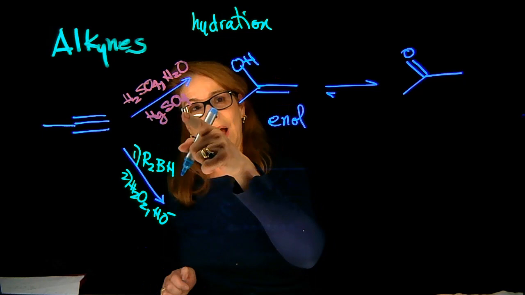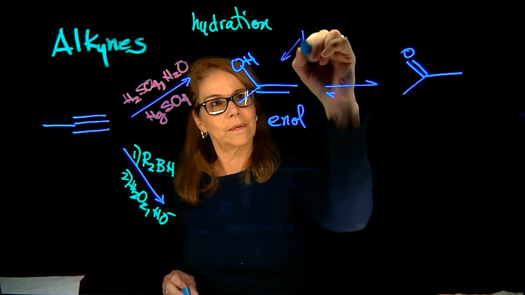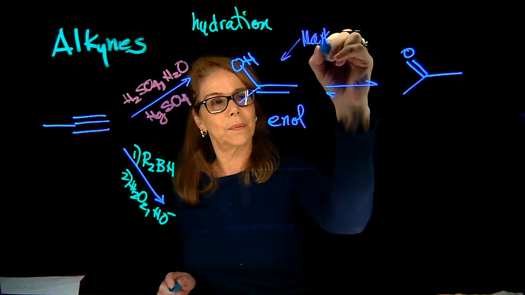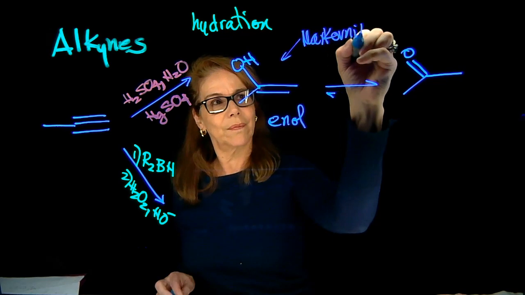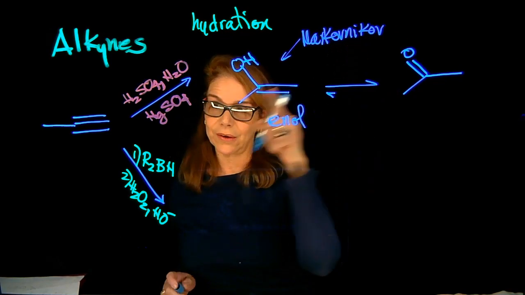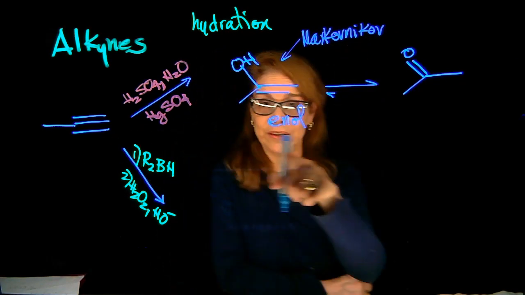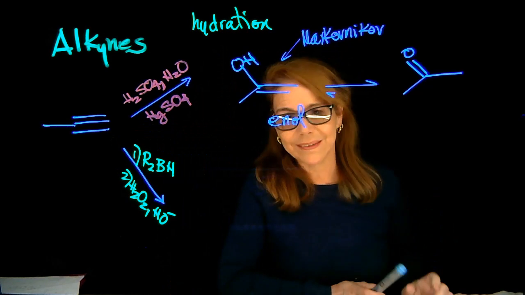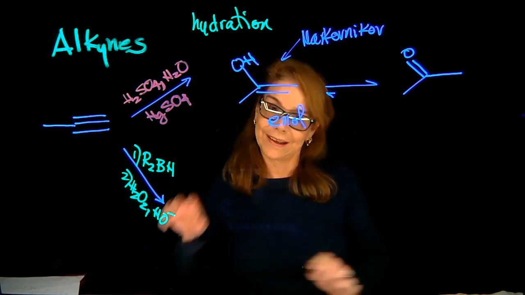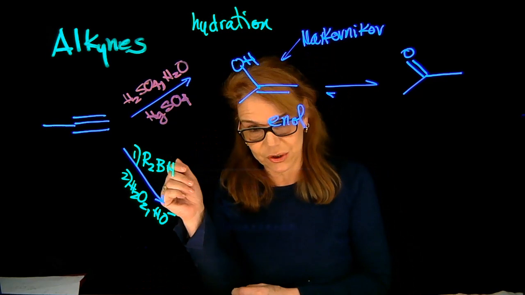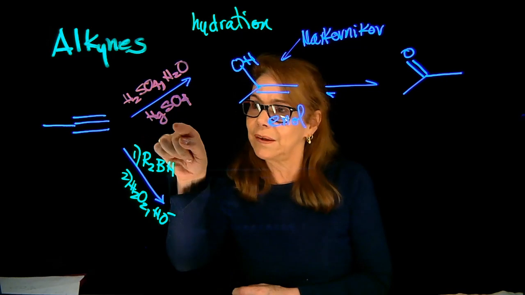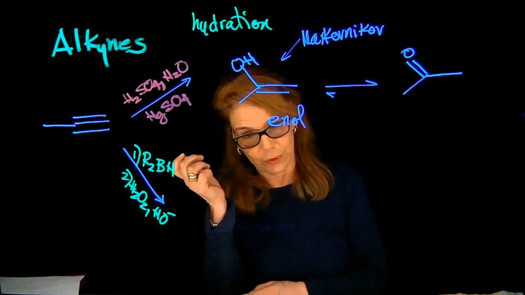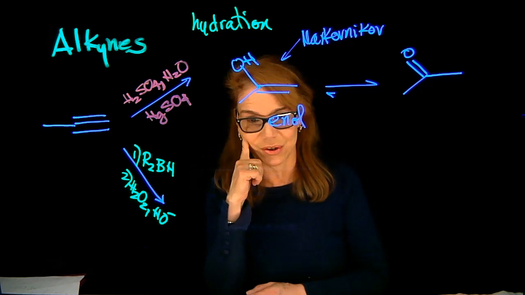This is happening in Markovnikov fashion. Again, you added the H here and the OH, and the intermediate is an enol. The tautomerization can happen under both acidic and basic conditions. Since we are working here with sulfuric acid, obviously that's acidic condition.